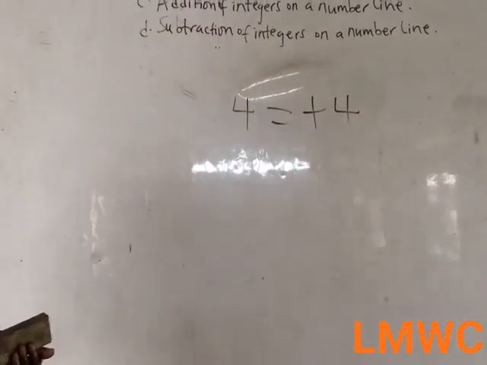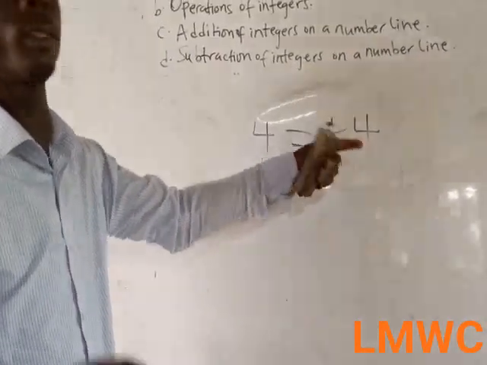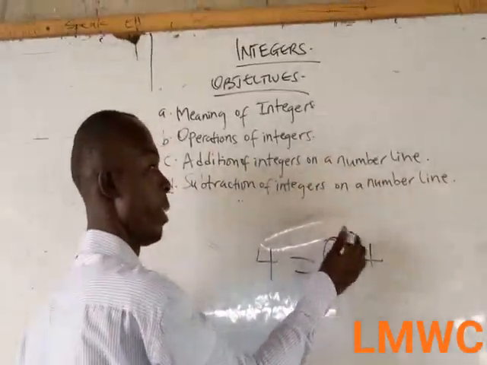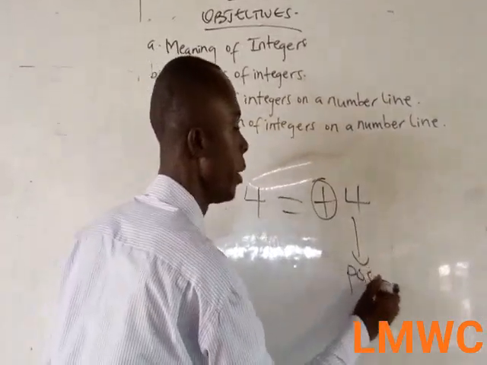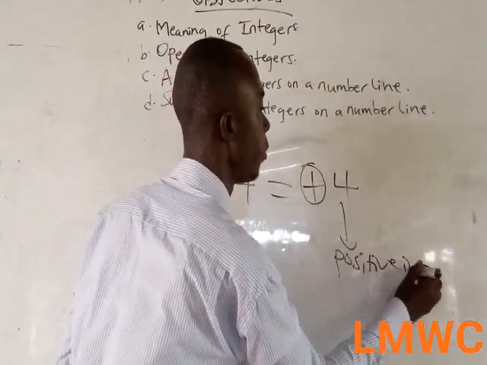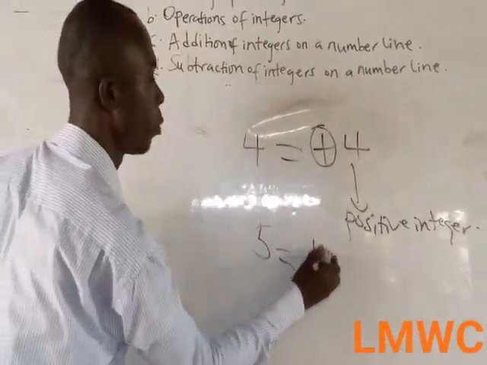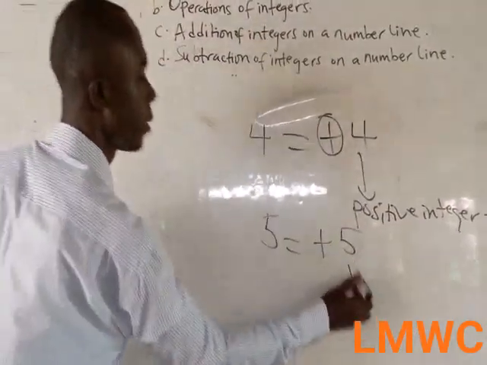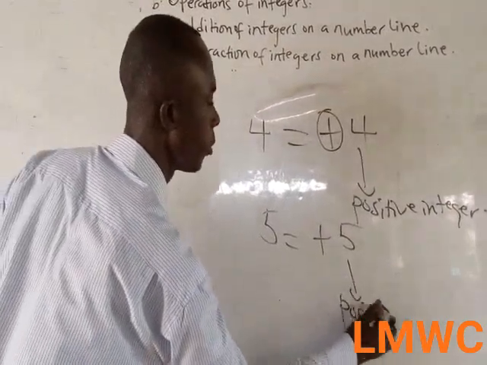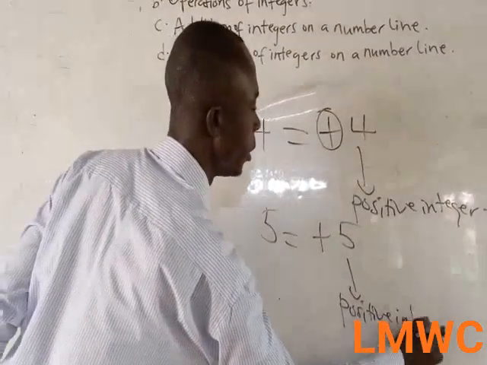But in maths, if we are writing a positive number, we don't bring the sign. So this is a positive integer. 5 is also a positive integer.